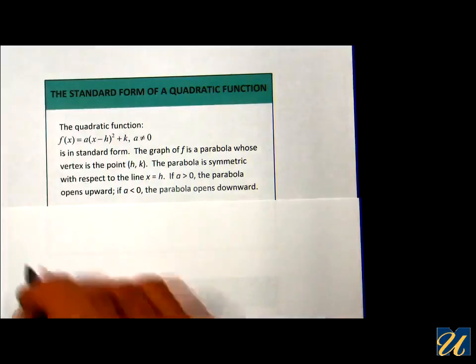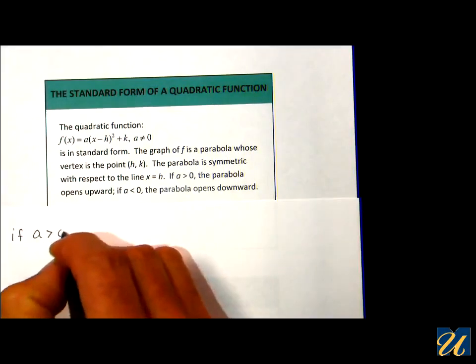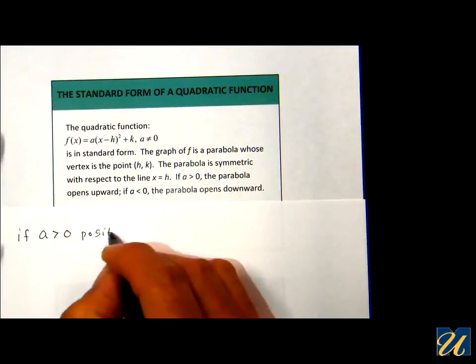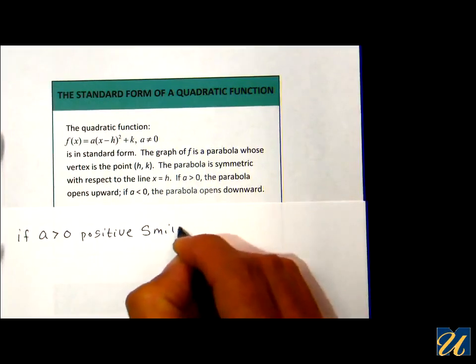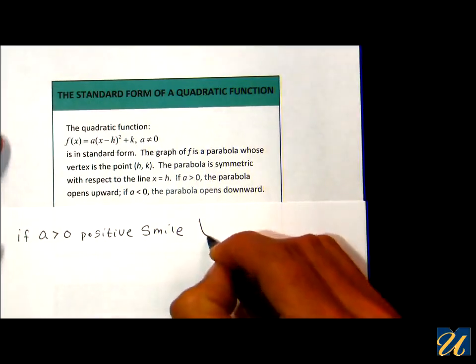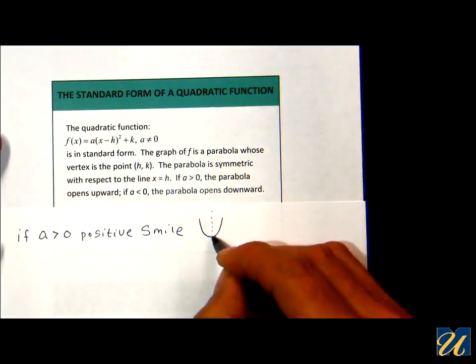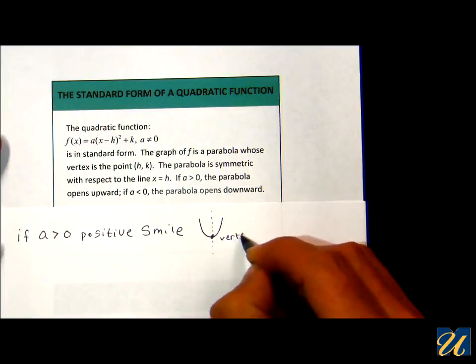Okay, think about it like this. If the a value is positive, then positive makes you smile. So the graph has this shape right here, and it is symmetric right through the vertex. This point here is called the vertex.